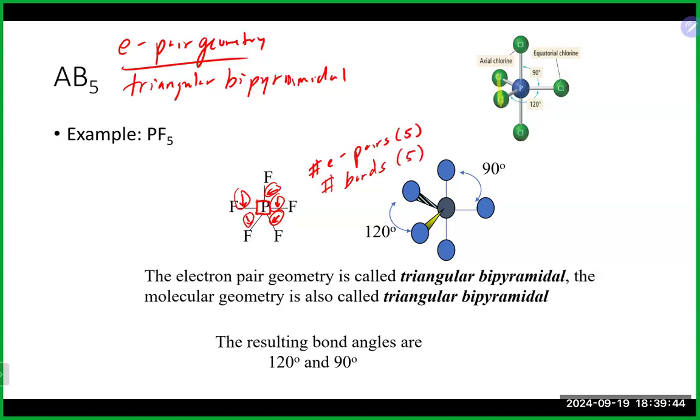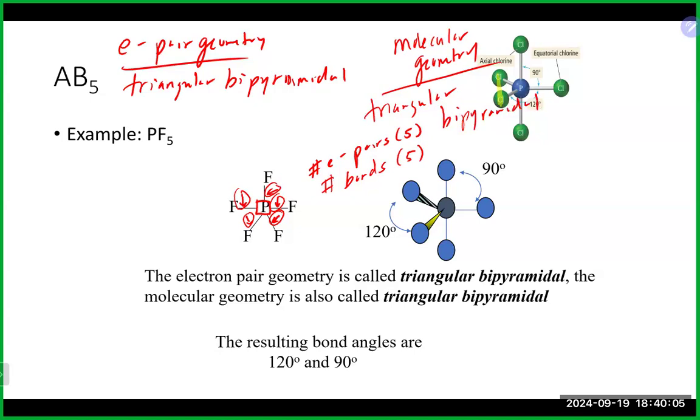That also creates a 5th electron pair in the way, which is bonding. And that's going to give us a molecular geometry also of triangular bipyramidal.